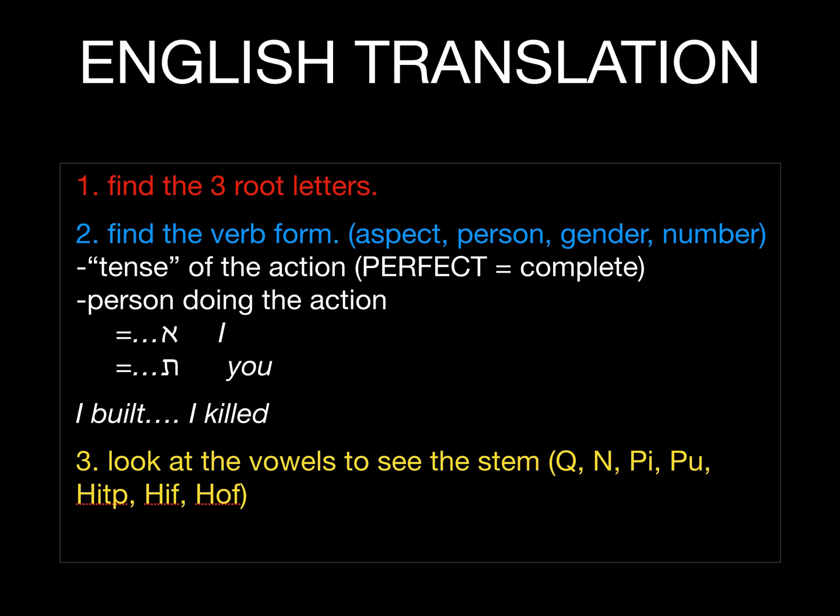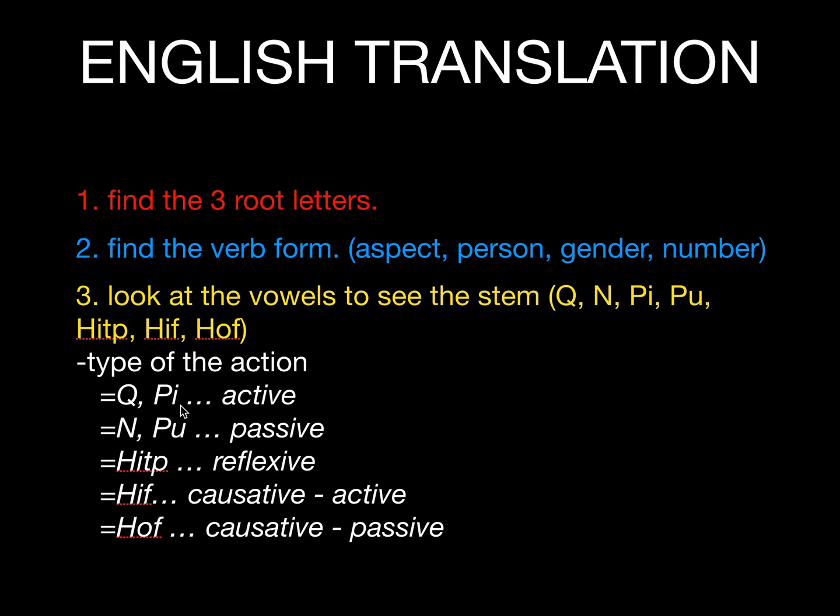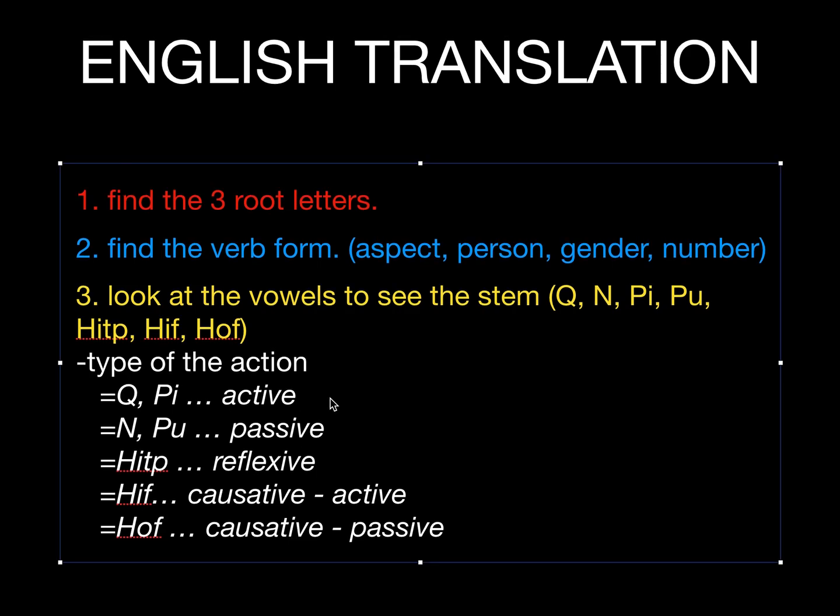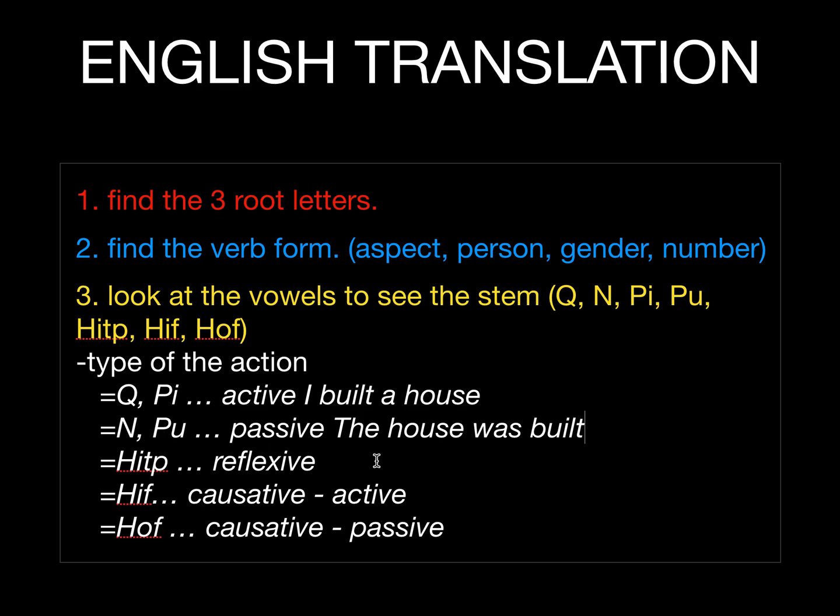Okay. And step number 3, once you see if it is active or passive or reflexive, etc., then you can put that in. So for the kal or pi'el would be I built a house. For the passive, the house was built. For the reflexive could be I built myself.